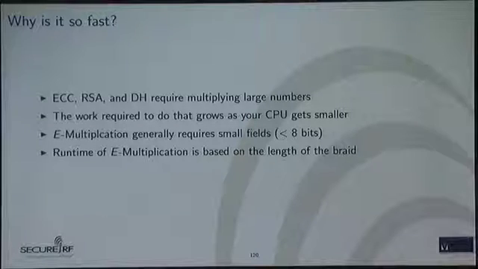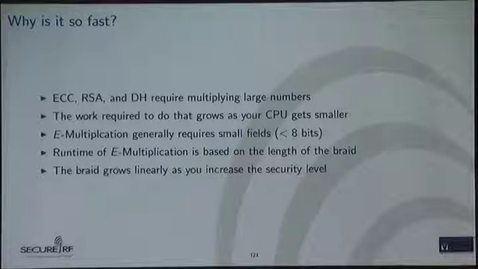So the runtime of E-multiplication, as I just said, is based on the length of that braid. Granted, as the braid goes longer, you have more multiplications you have to do. That really controls how long your authentication is going to take. But because each step in the multiplication is so fast and takes so little time and effort, it still winds up being significantly faster than any of these other algorithms, even when we're doing thousands of multiplications.